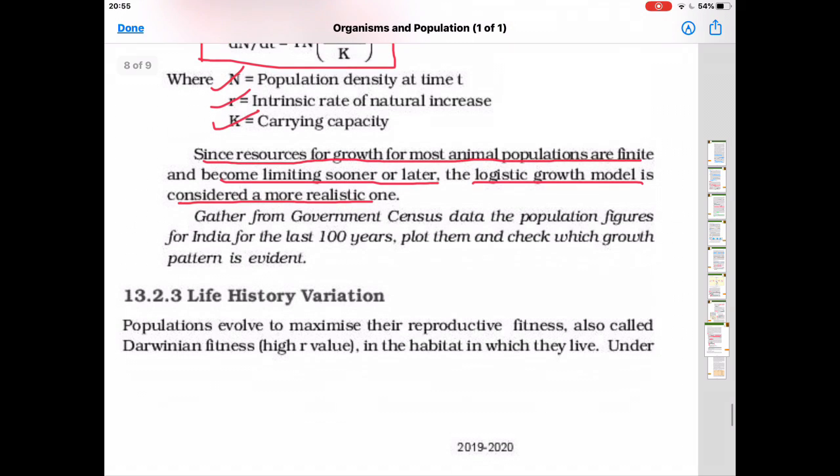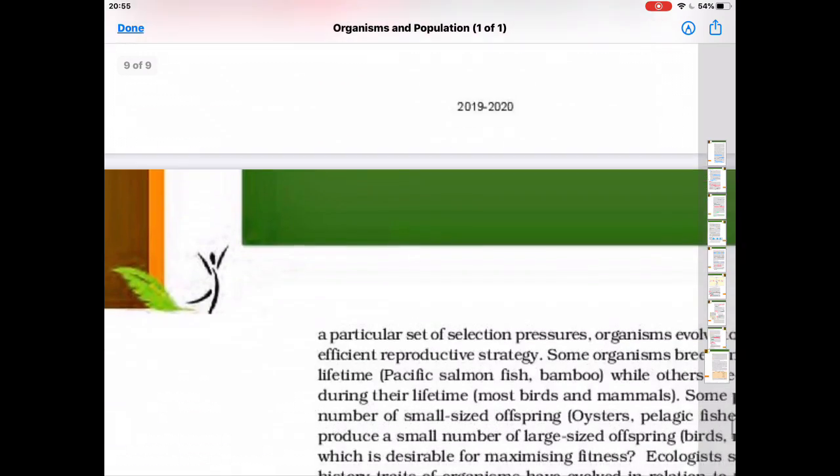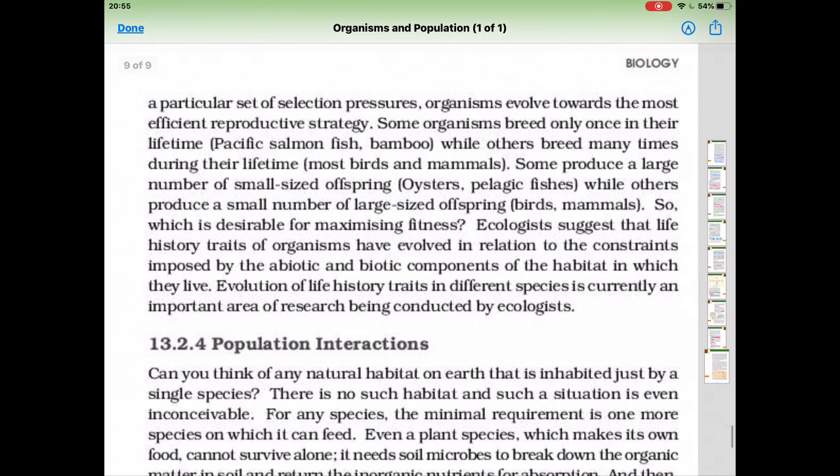Life history variations. Populations evolve to maximize their reproductive fitness, also called Darwinian fitness, which means a high r value in the habitat in which they live. Under a particular set of selection pressures, organisms evolve towards the most efficient reproductive strategy.